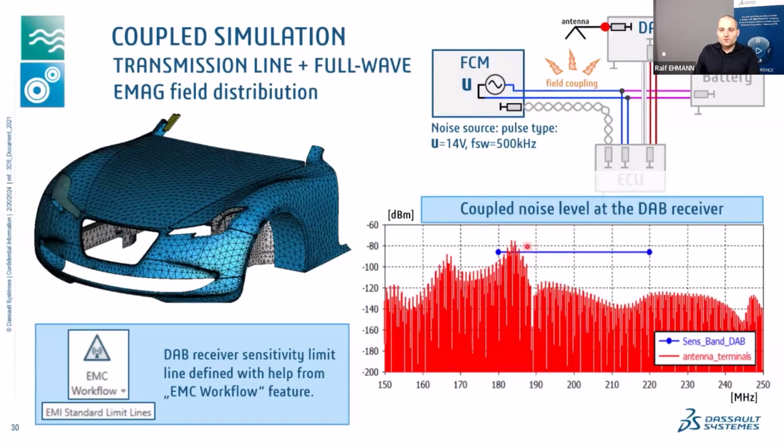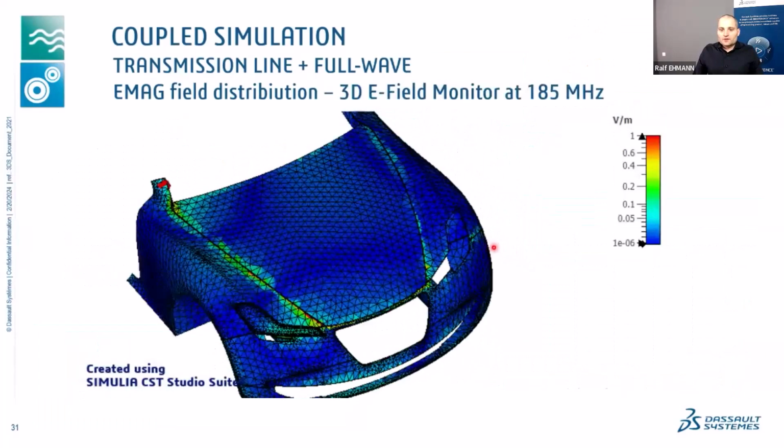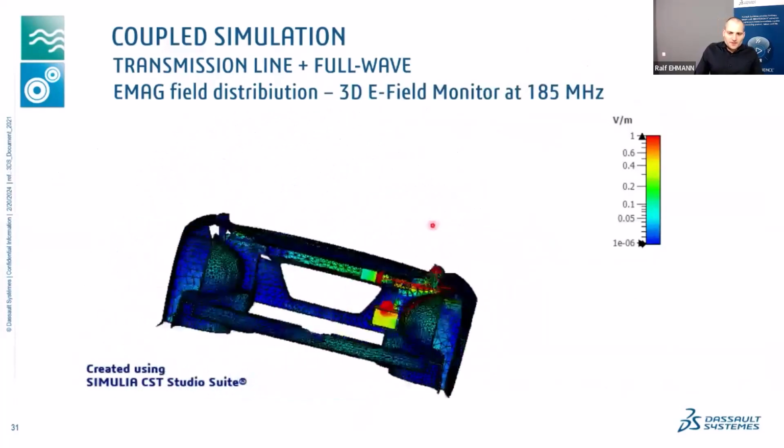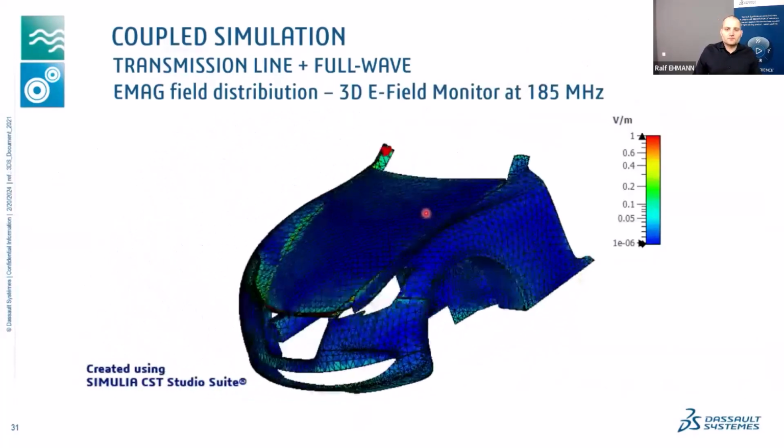So most likely there are some steps or countermeasures that we apply, for example filtering or such. And of course, we can also look at the result via the 3D field view.